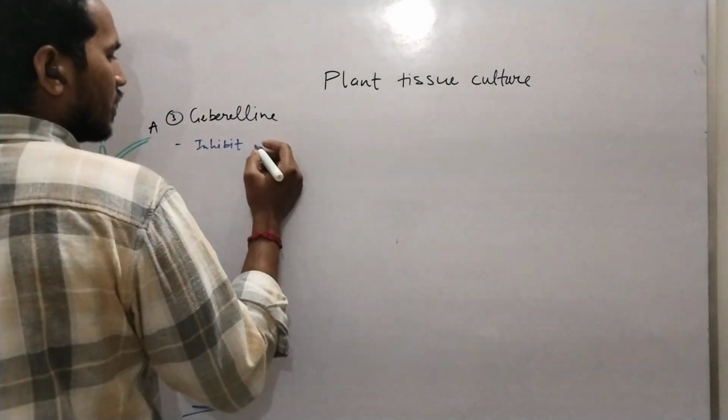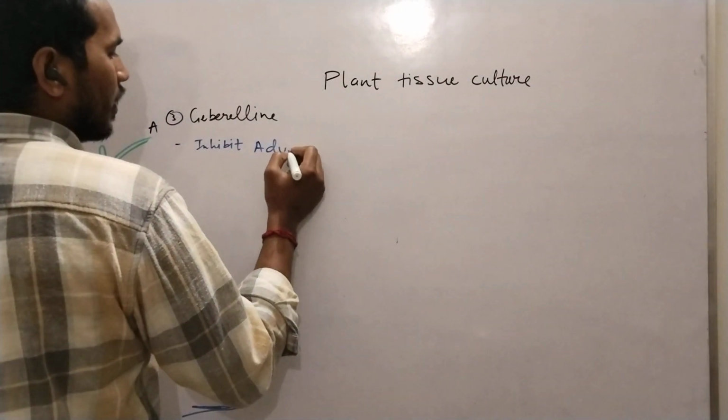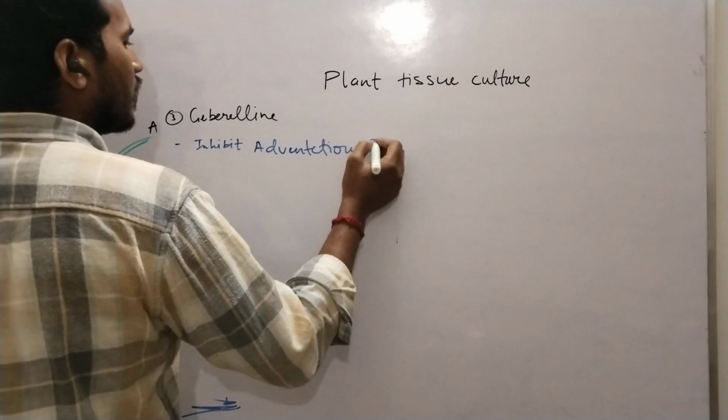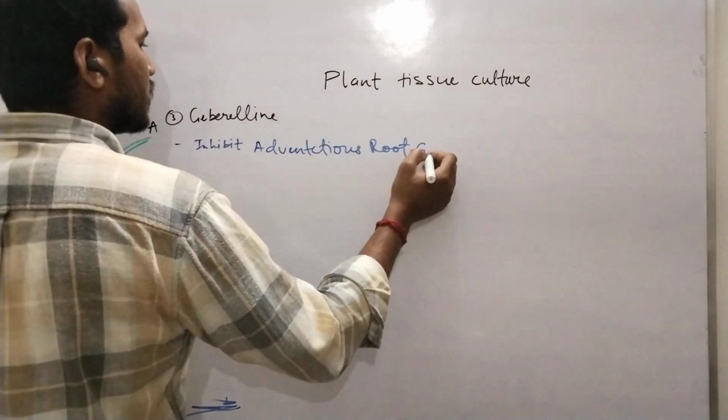Here it will inhibit adventitious root formation. In cytokinin it inhibits root formation completely, but here it inhibits adventitious root formation.